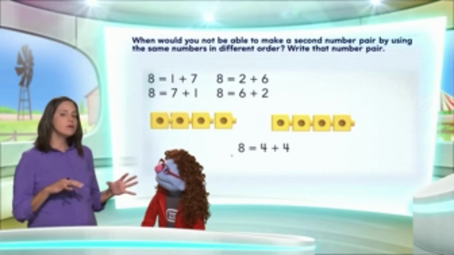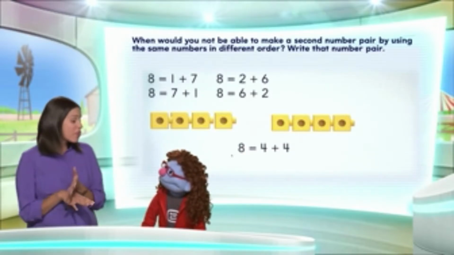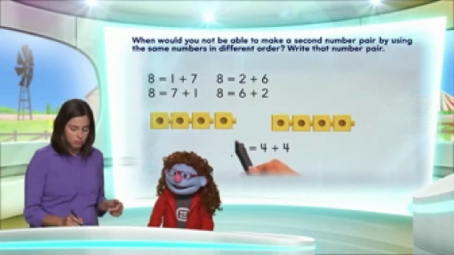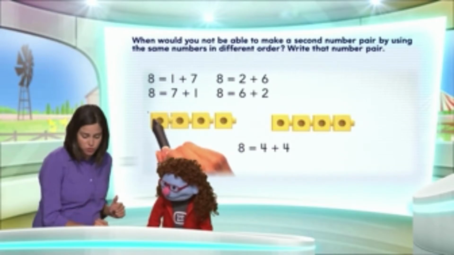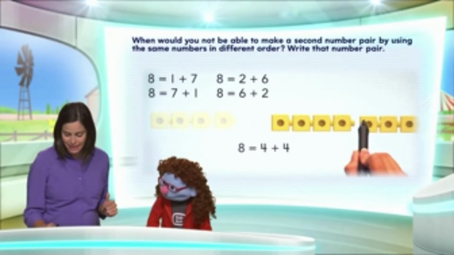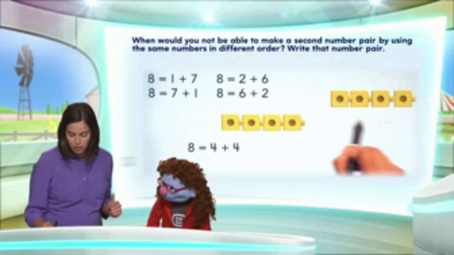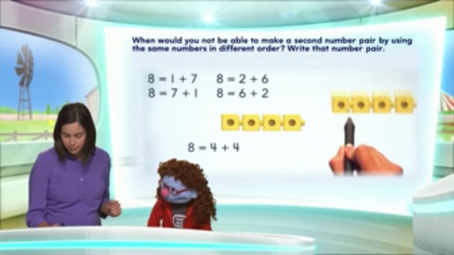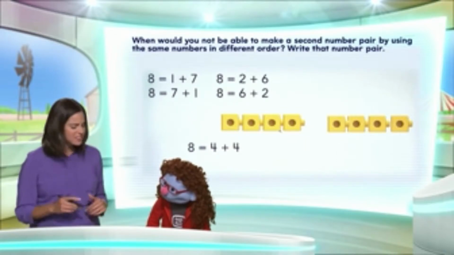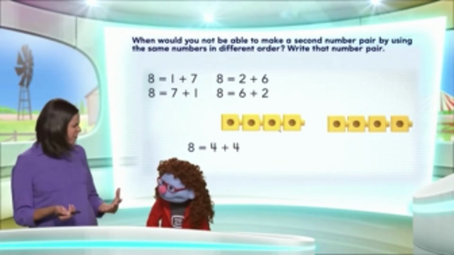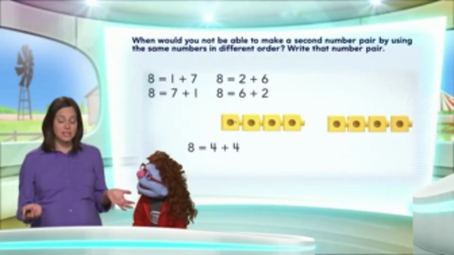Now, Jeannie, what happens if I change the order? Well, let's see. If I move these 4 connecting cubes to this side, here, let's make some room so they fit. If I move it to this side, is that a different number sentence? No. No, you're correct, Jeannie.